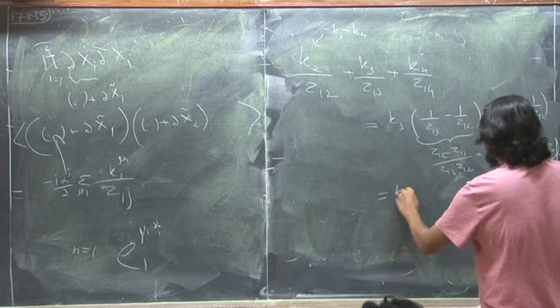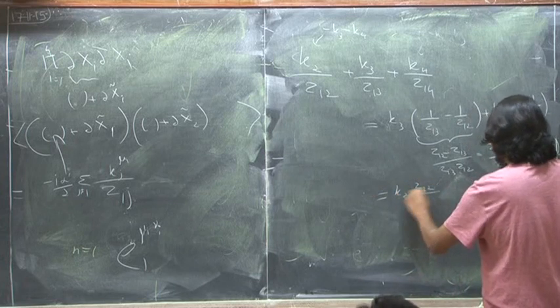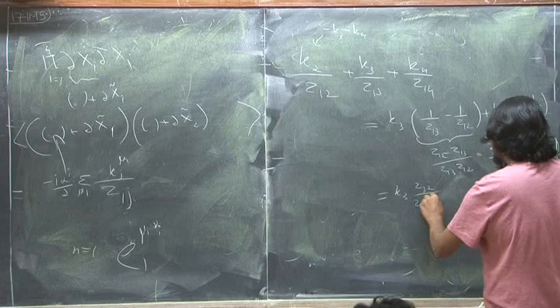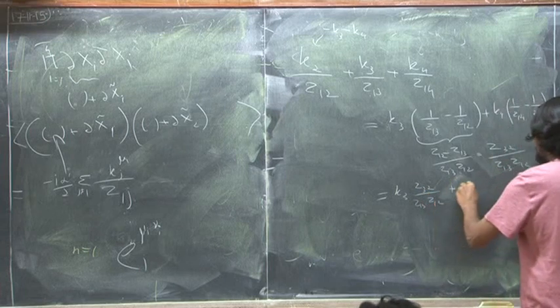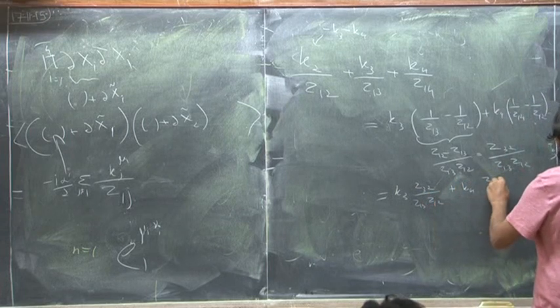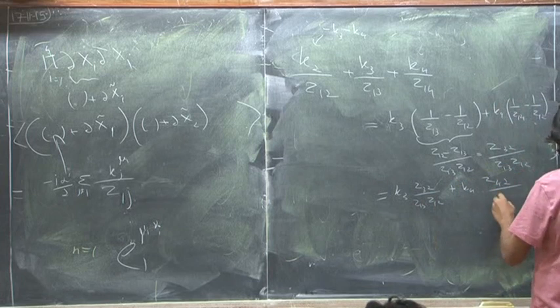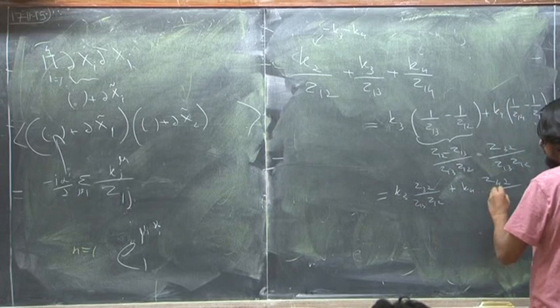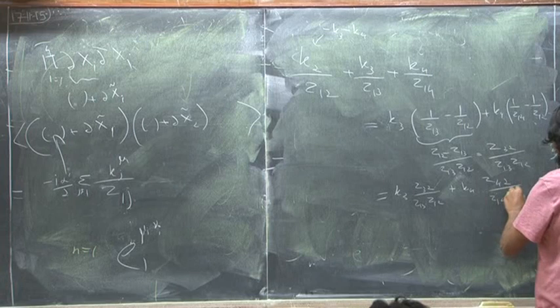So right now it's K3 Z32 by Z13 Z12, plus K4, with a similar calculation, Z42 by Z14 Z12.